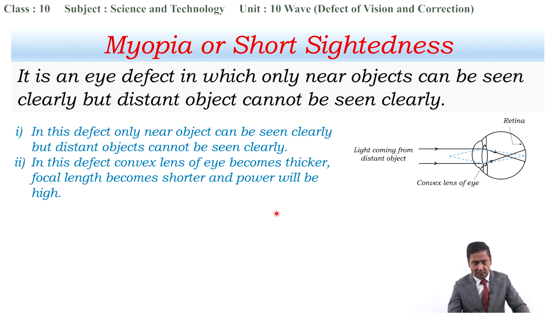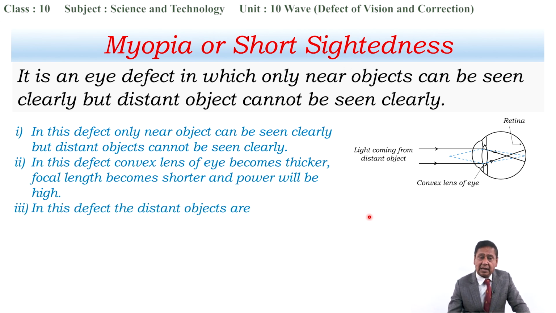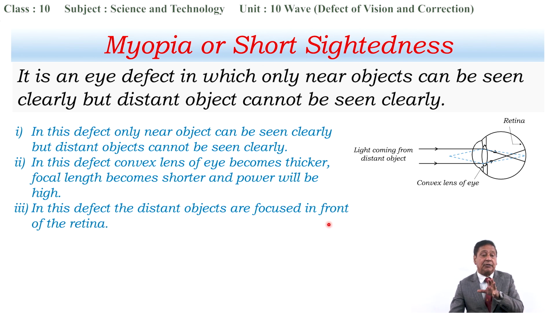Another characteristic is that in this defect, distant objects are focused in front of the retina, not on the retina, so they cannot be seen clearly.